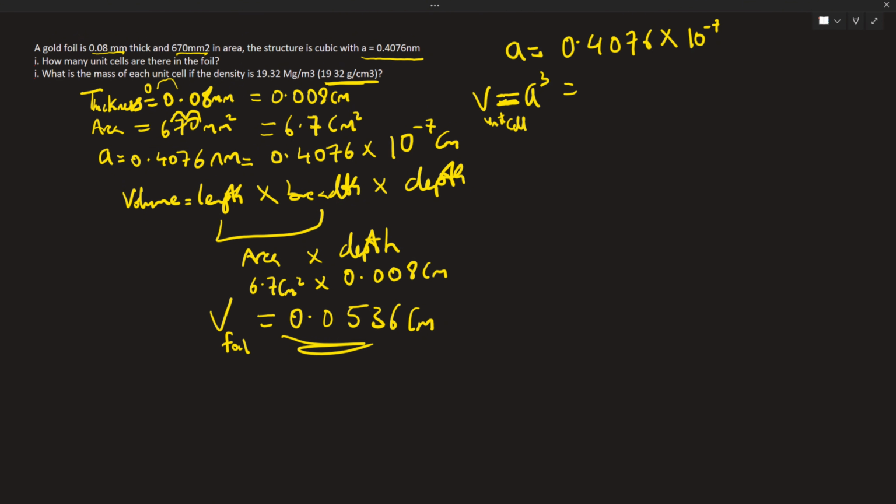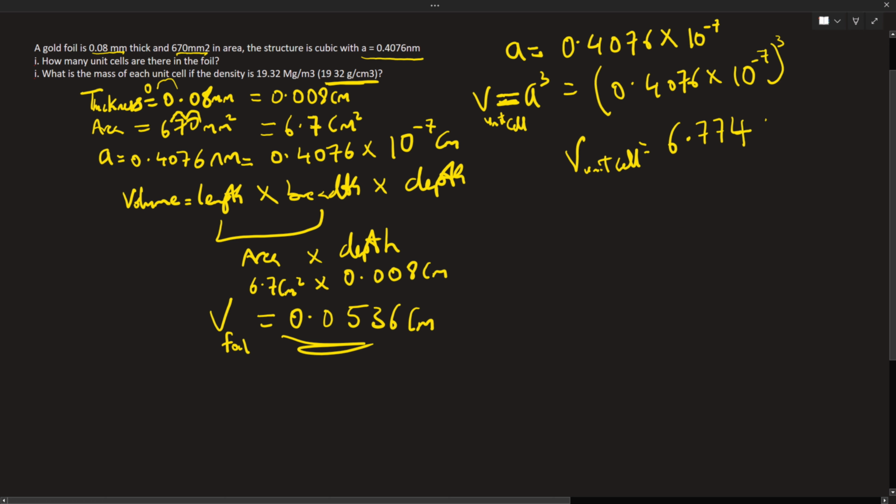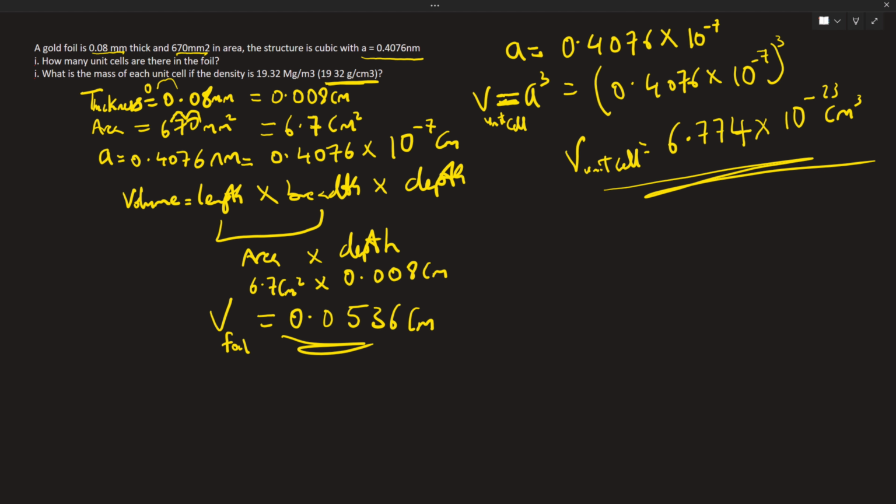So it becomes 0.4076 times 10 raised to the power minus 7, cubed, where our volume of unit cell is equal to 6.774 times 10 raised to the power minus 23 centimeter cube. So here is the volume of unit cell.